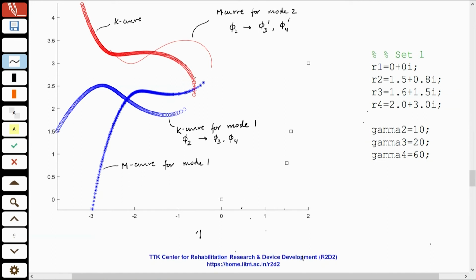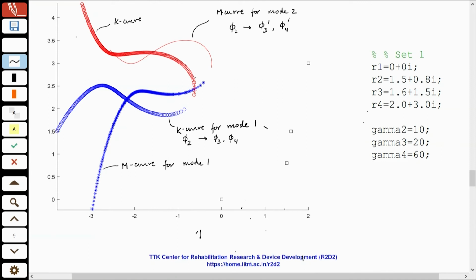Now, if the compatibility linkage is capable of making a complete rotation, like if delta 2 in that compatibility equation can do a full 360 degrees, these two curves would meet. Here they do meet, except that I did not plot them because the scale blew up for something else.